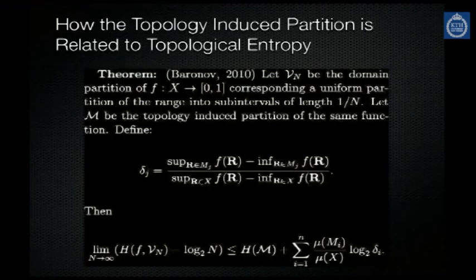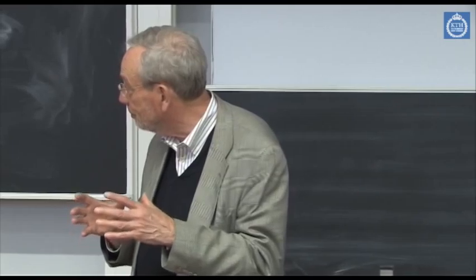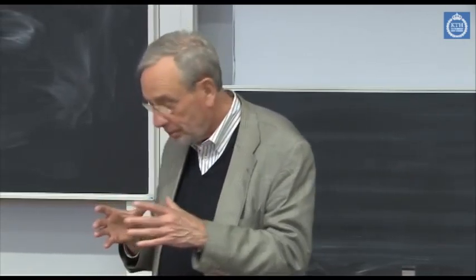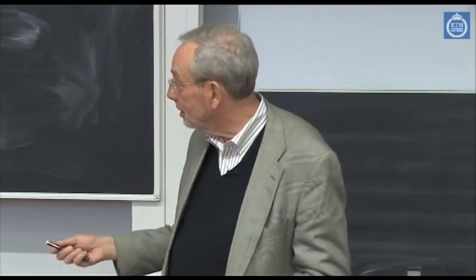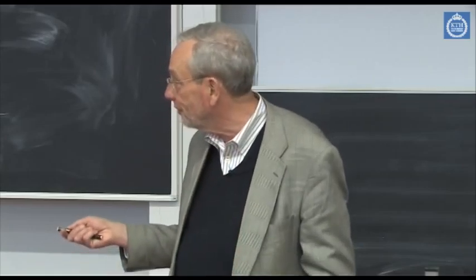All right, and so this theorem gives a very nice result about the ways in which these two partitions are related. And so I'm going to define this quantity delta sub j to be the relative height that, if I have one of these annular regions in the topology-induced partition, it spans in the range of the function.